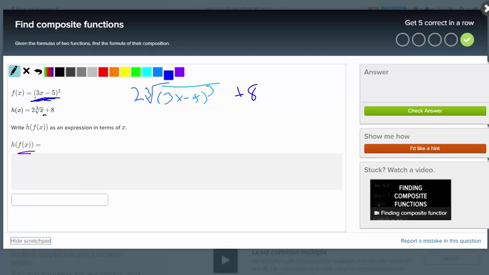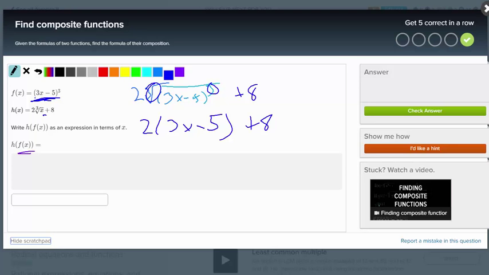Now I need to simplify. What's great is cube root and cube cancel each other out when they come into contact with each other. So now I have 2 times the quantity 3x minus 5 plus 8. I look inside the parentheses, 3x minus 5.